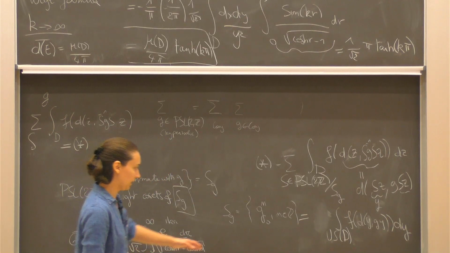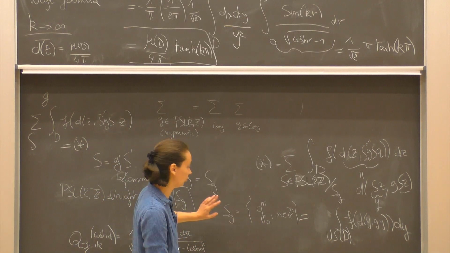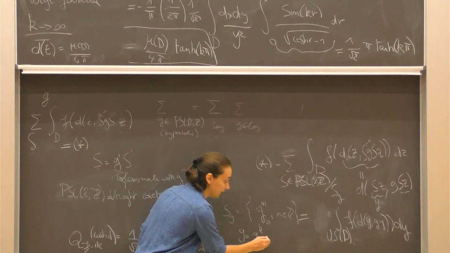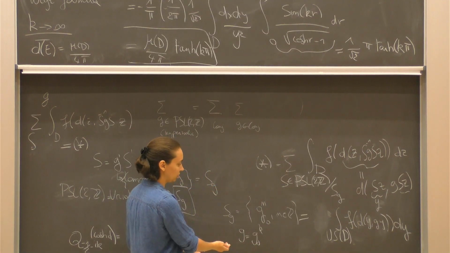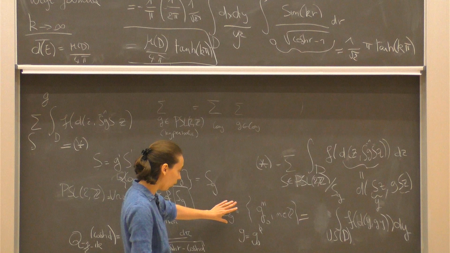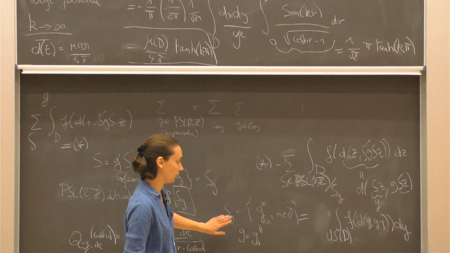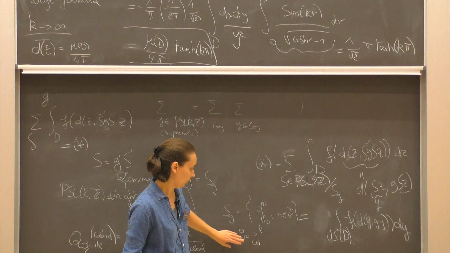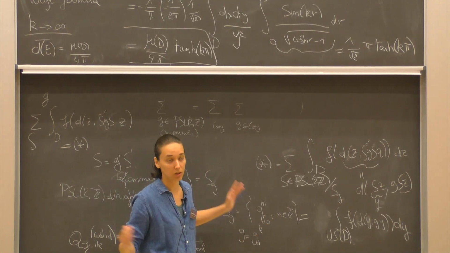So it'll be basically some G naught such that G is equal to G naught to some power K. So K could be 1, and then G naught is just G. But the claim is that all the matrices that commute with G can be written as some G naught to some power, where G is equal to the same G naught to some power.